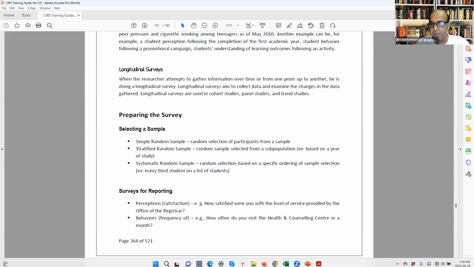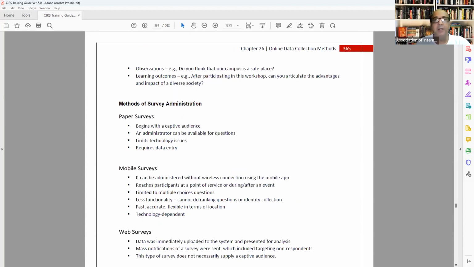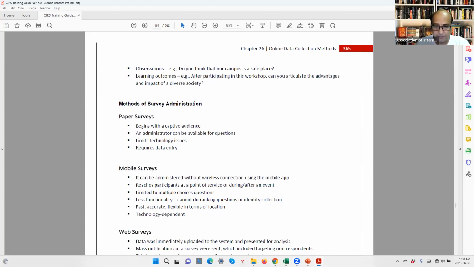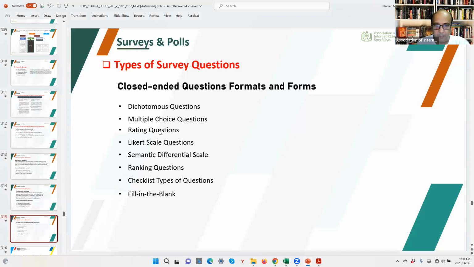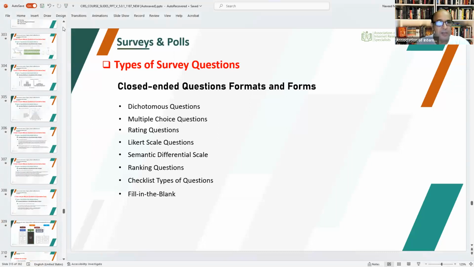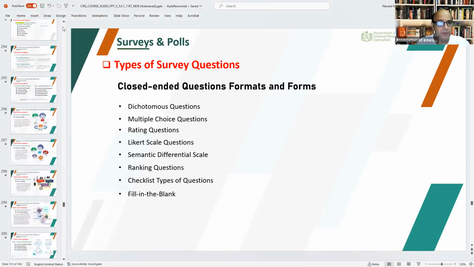That kind of research would require you to identify the population first, and then look at the sample out of it. I think we have these in the slides that I'll take you to.